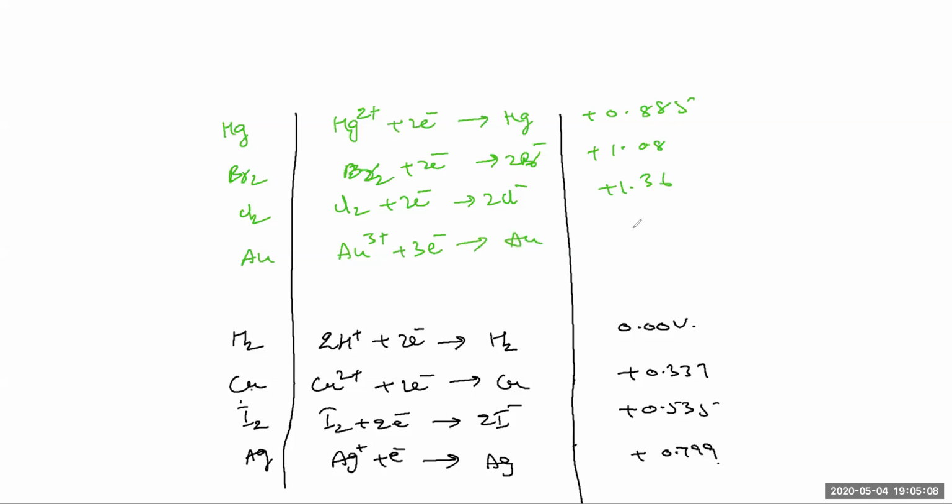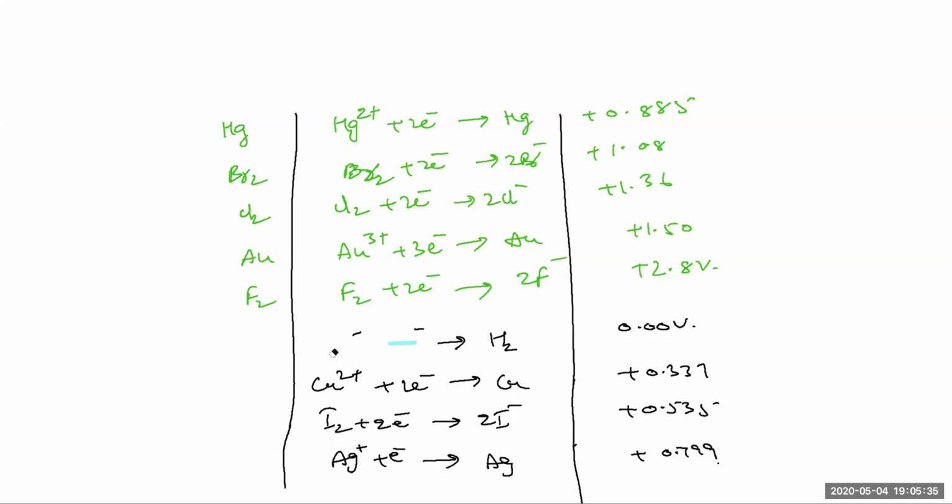Its potential is plus 1.50, right? Next, fluorine, the highest electronegative. F2 plus 2 electrons gives rise to 2F minus. It is the highest positive, plus 2.87 volts, right?